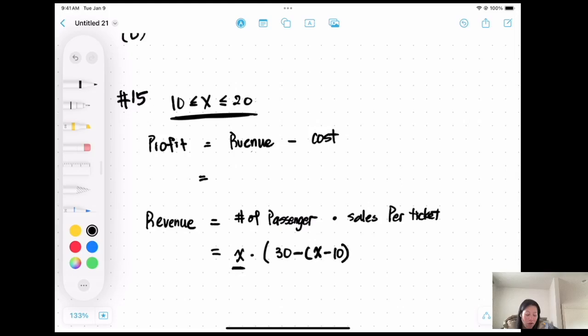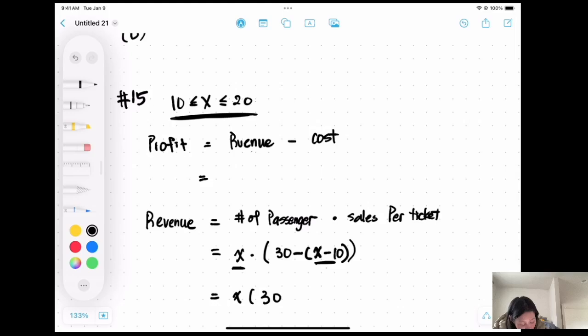If you have 12 people, 12 minus 10 gives 2 extra people, and the price reduces $1 per extra person, so 30 minus 2 gives you $28 per person. Now simplify it. I got X times (30 minus (X minus 10)), which is basically X times (40 minus X). And then revenue is 40X minus X squared.